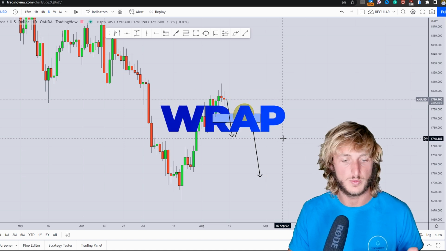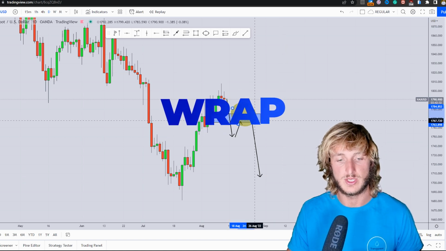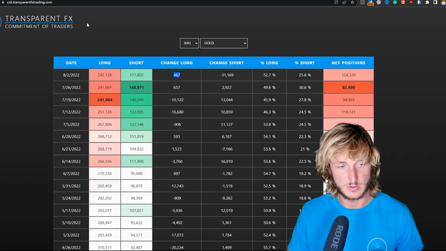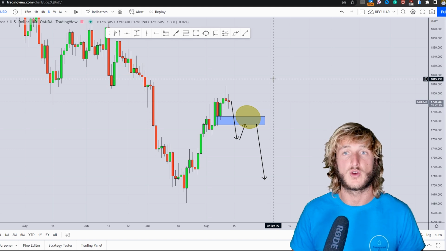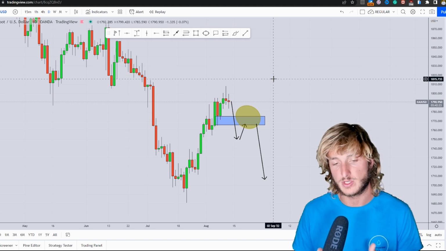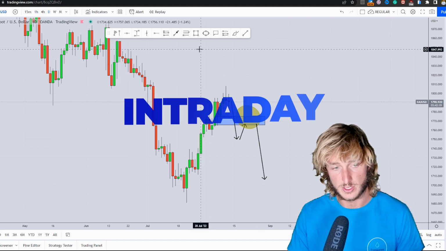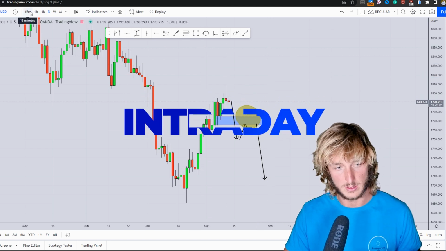Now, the way in which we could be approaching this, as usual, is being reactive and not predictive. The monthly, weekly, and daily combined with the COT data, those are the best timeframes from a directional perspective. However, when it comes to confirmations and entries, the best timeframes are the intraday timeframes, so 4 hour and lower.